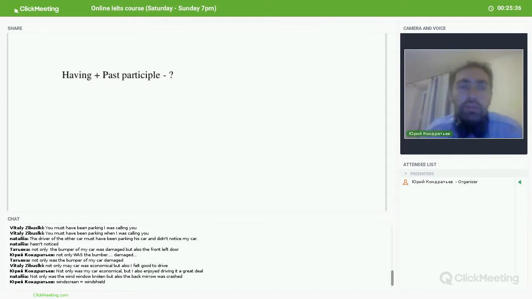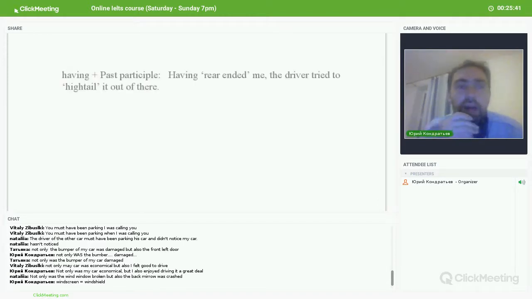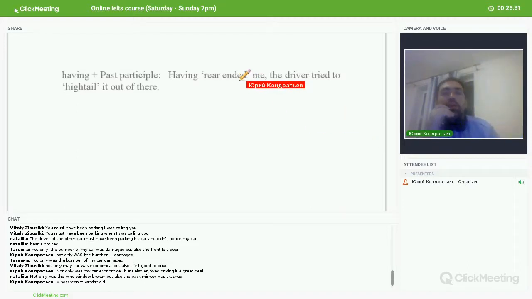I'll just show you my example. Having rear-ended me, the driver tried to hightail it out of there. And if you noticed, here I used some words that are not very formal.